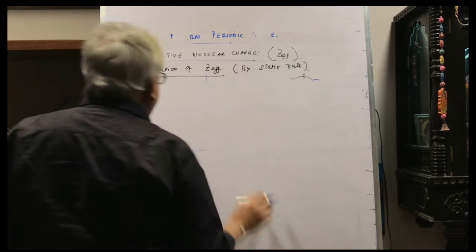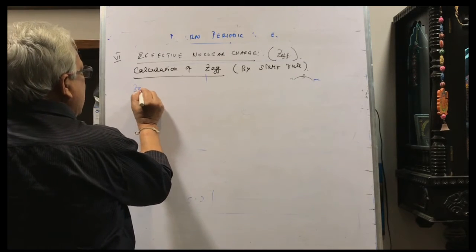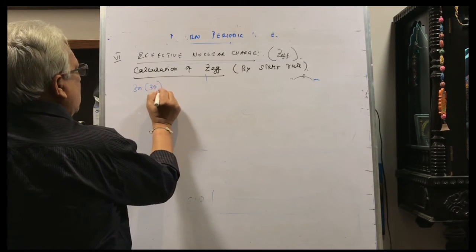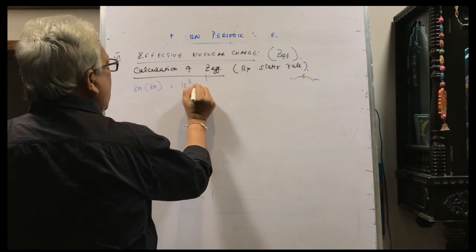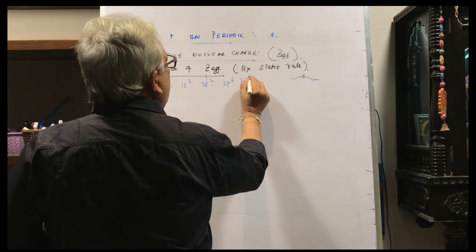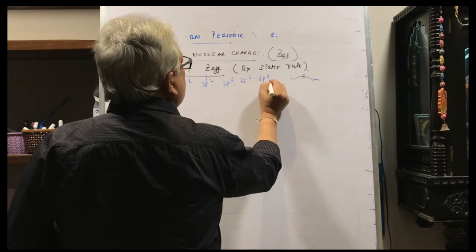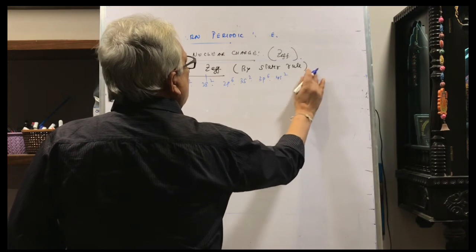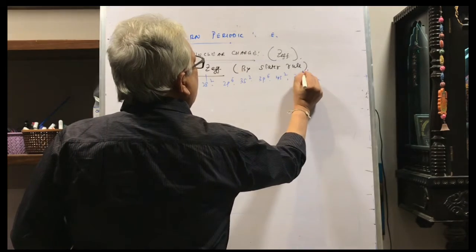So suppose I think of zinc. Zinc atomic number 30, so configuration is 1s2, 2s2, 2p6, 3s2, 3p6, 4s2 and 3d10.